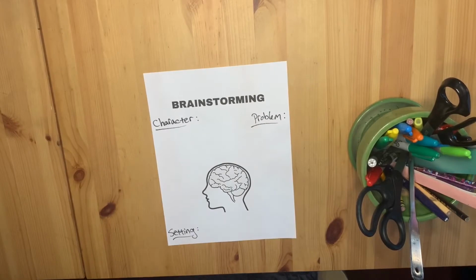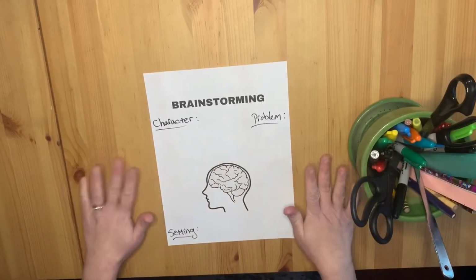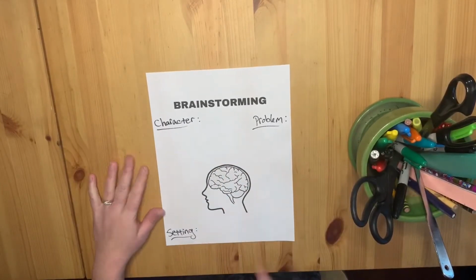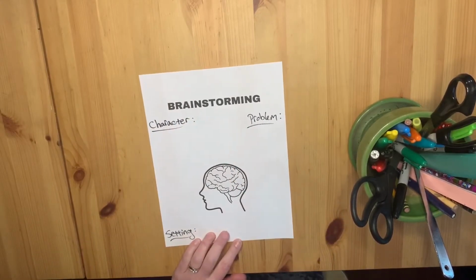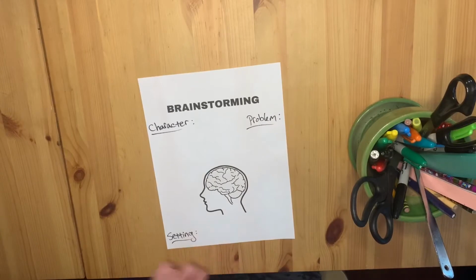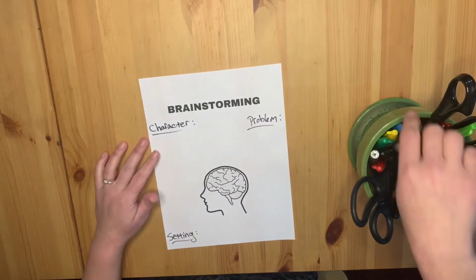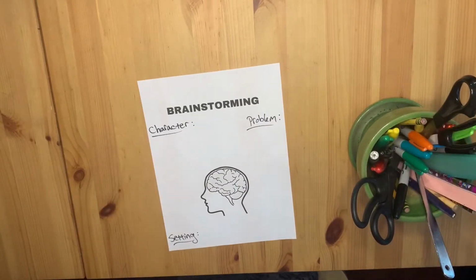Now, I'm going to tell you about a thing called brainstorming. This is where you want to write down as many characters as you can think of, as many problems as you can think of, as many settings as you can think of. And then all we have to do is cross off the ones we don't like.